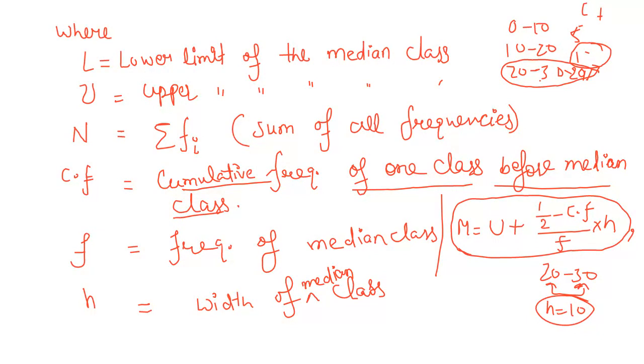You can use either the first formula or the second formula. If you have arranged the data in the ascending order, then apply the formula by using L, and if you have arranged the data in descending order, then use this formula by using U.